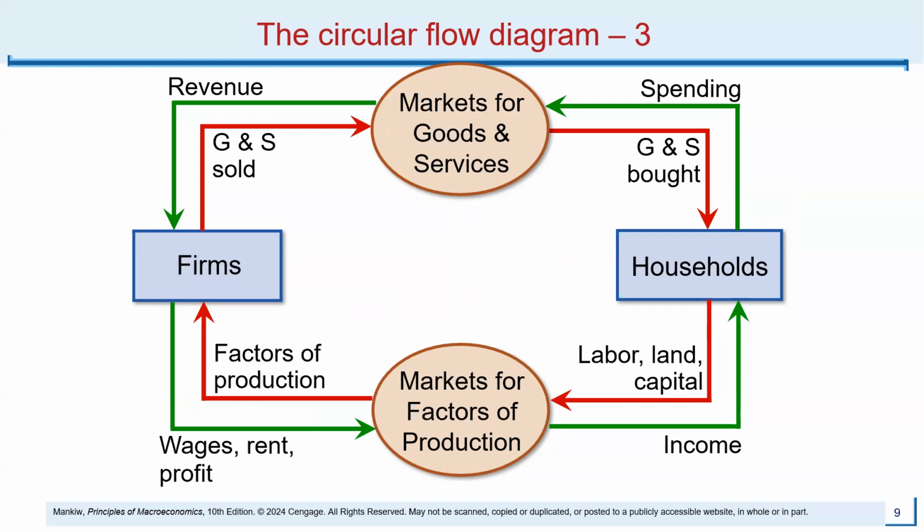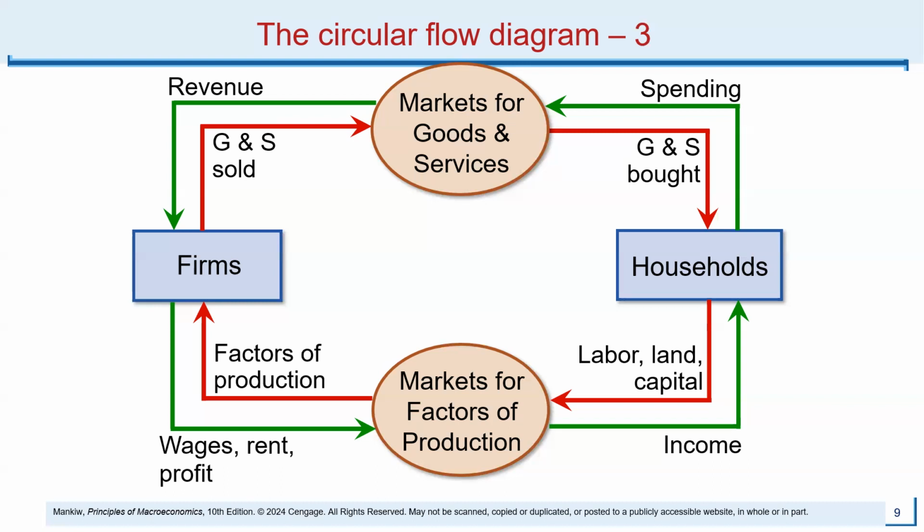How does the household interact with the market for goods and services? You can see that there is a red arrow pointing to the market. It says spending. The household spends money in the market, and in exchange they get the goods and services bought, right? The household gives out their income or resources, and in exchange they get goods and services.